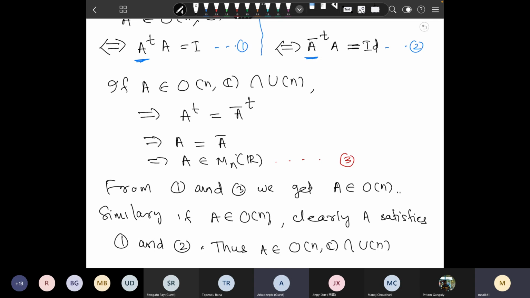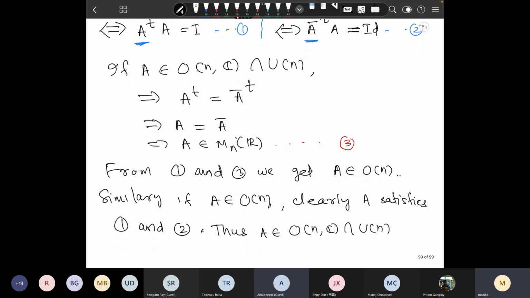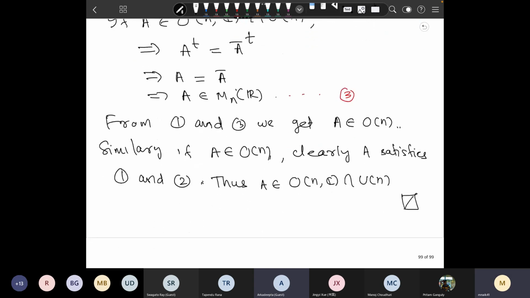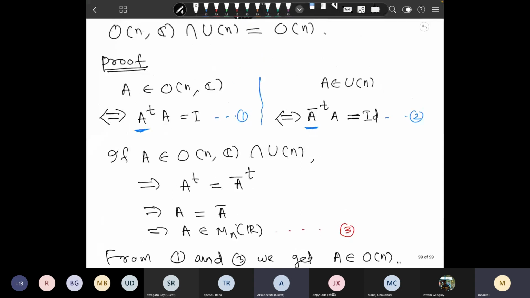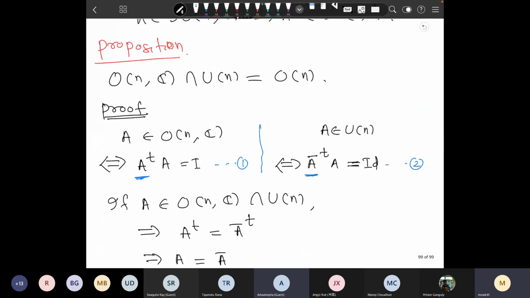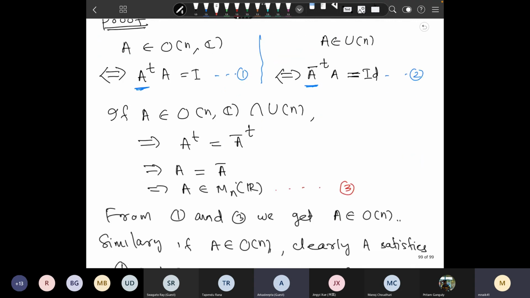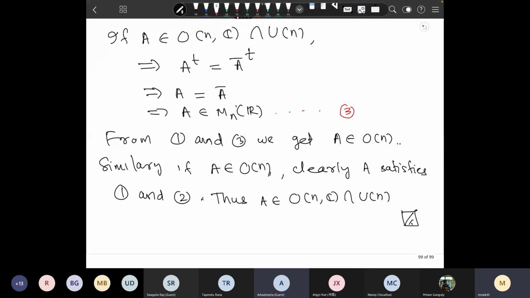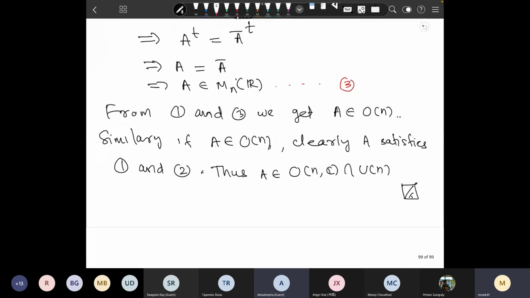So I have proved this proposition. This finishes the proof of this proposition. So that means ON has two connected components. So this implies ONC has two components.